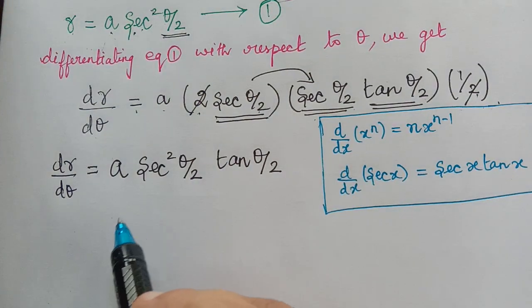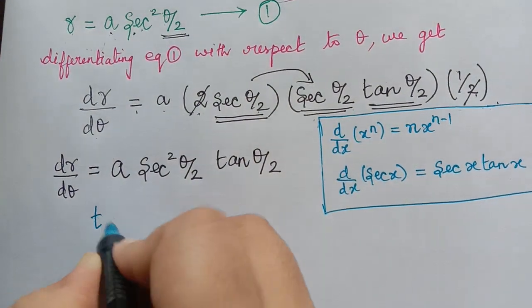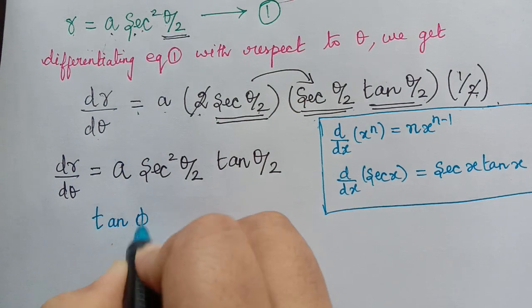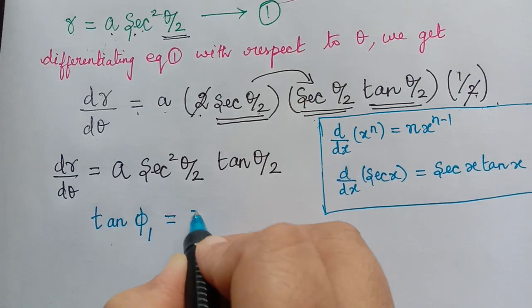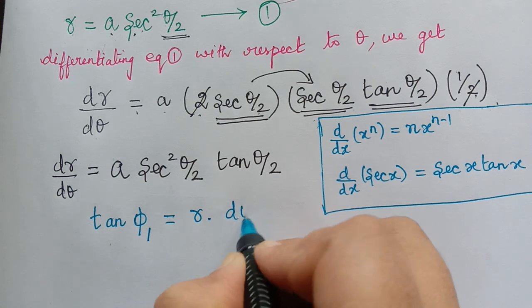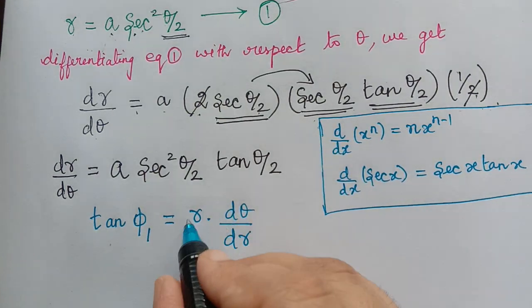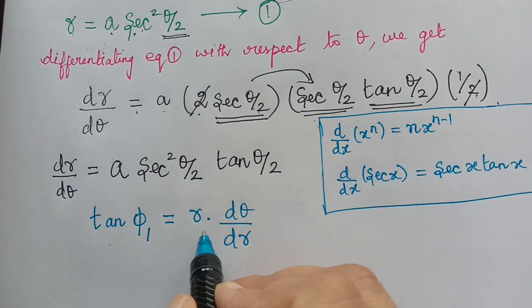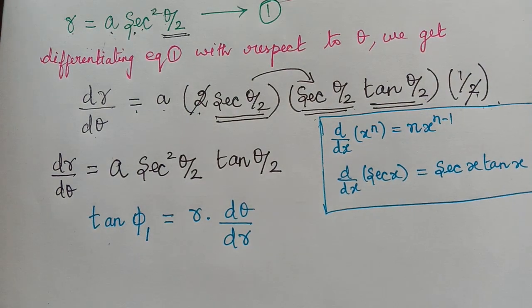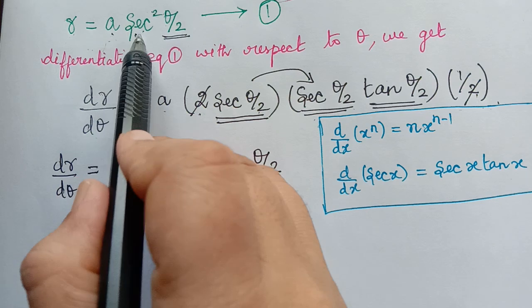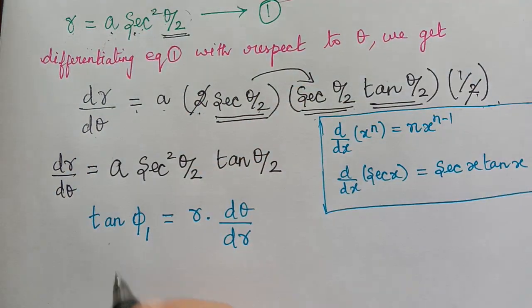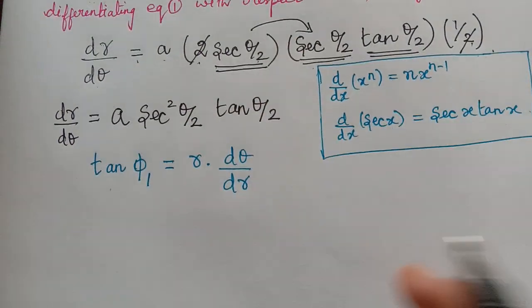Next step is we have to find φ1, for which we have to find tan φ1, which is equal to r multiplied with dθ/dr. So we shall substitute each one here and evaluate. What is r? r is the given curve, that is a sec²(θ/2).